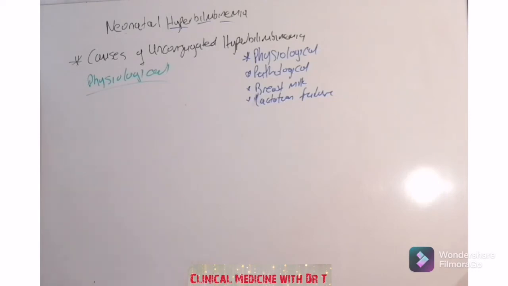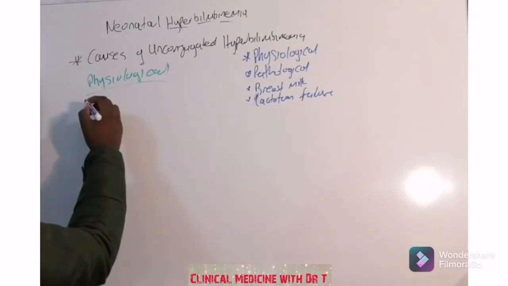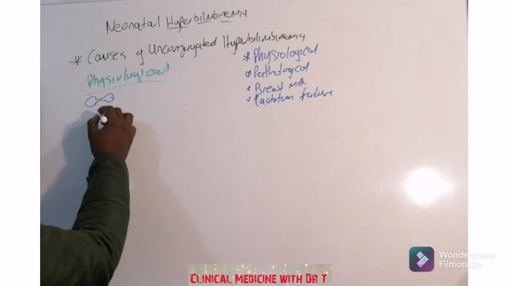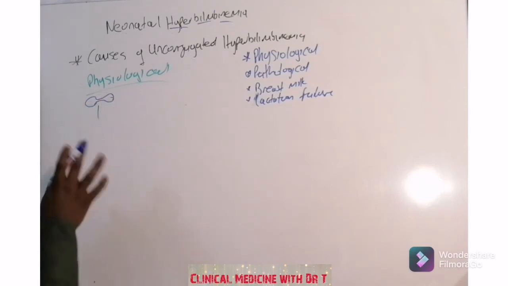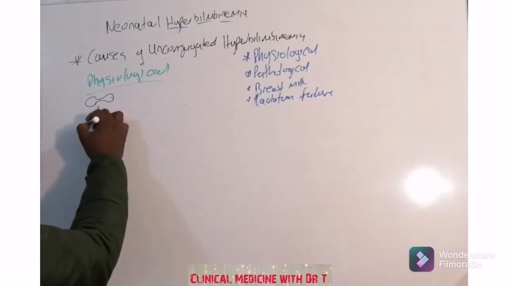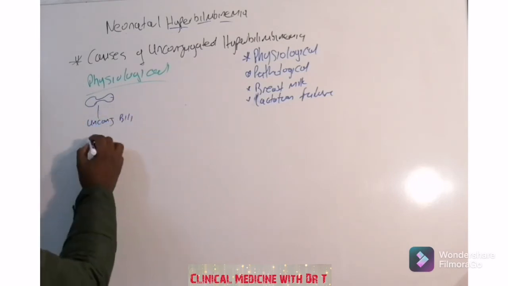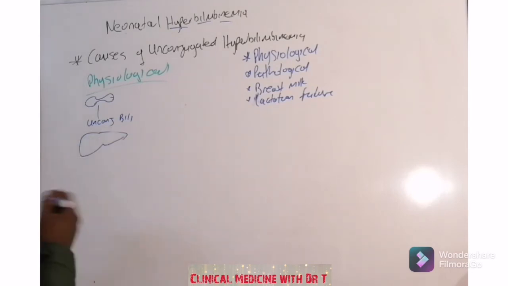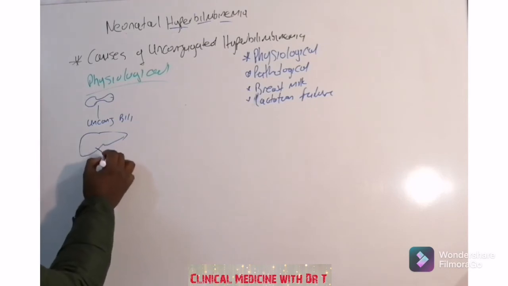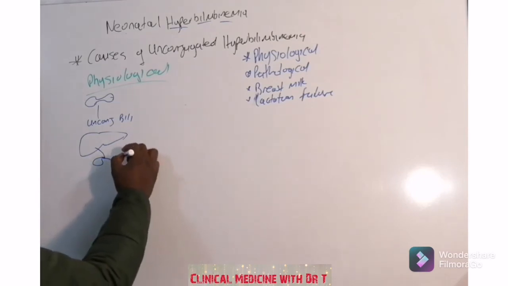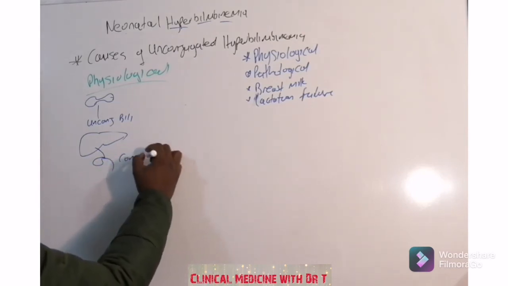We all know that you get red cell breakdown and you produce unconjugated bilirubin, and it's taken to the liver, it's conjugated by the enzyme and it is excreted in the GIT, and then when it comes this side, it's now conjugated.